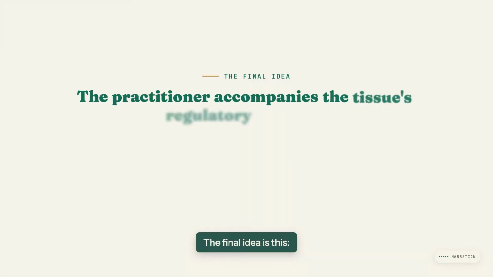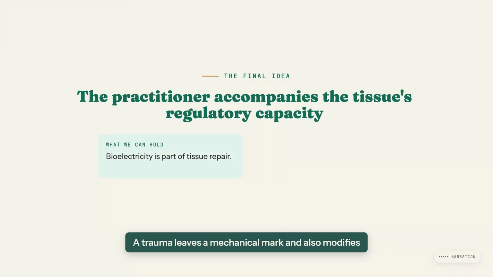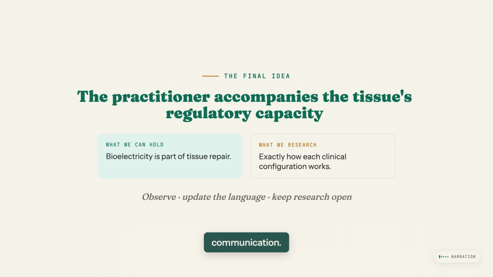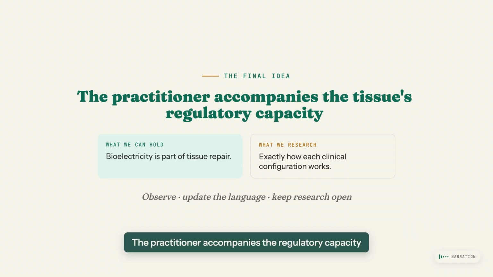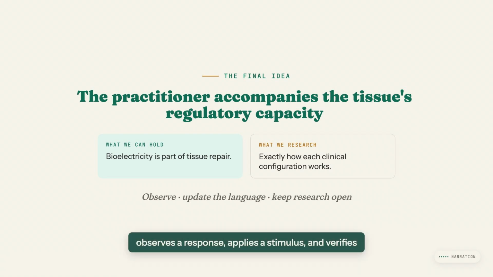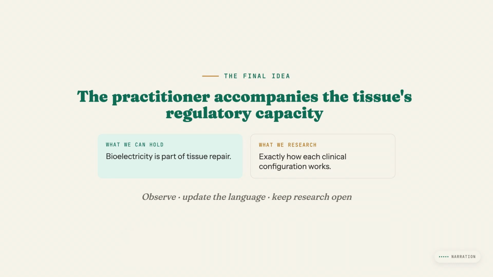The final idea is this: a trauma leaves a mechanical mark and also modifies ions, voltage, perfusion, inflammation, and cellular communication. The practitioner accompanies the regulatory capacity of the tissue, observes a response, applies a stimulus, and verifies how the body responds.